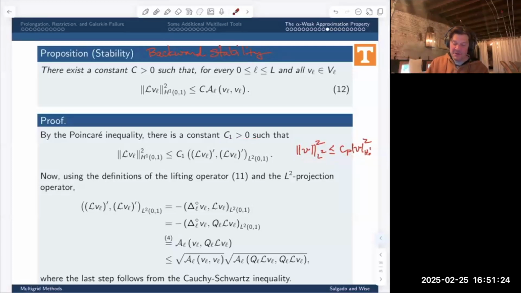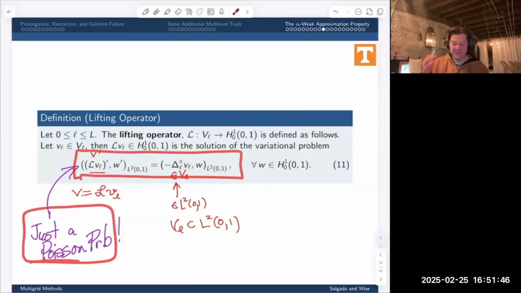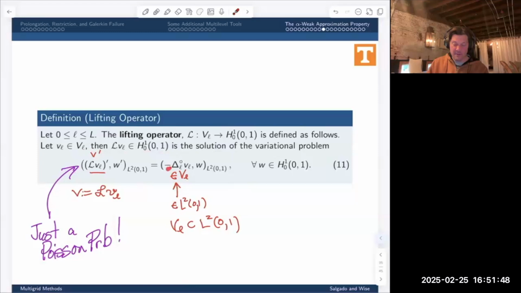Now we're going to use the definition of the lifting operator and the L2 projection operators, and we're going to use the stability of L2 projection that we've used before. Now, by the definition of the lifting operator, remember that it's defined here. That's just a variational formulation of a particular type of Poisson problem where F is that function there. So that's my forcing function F. It just has to be L2.